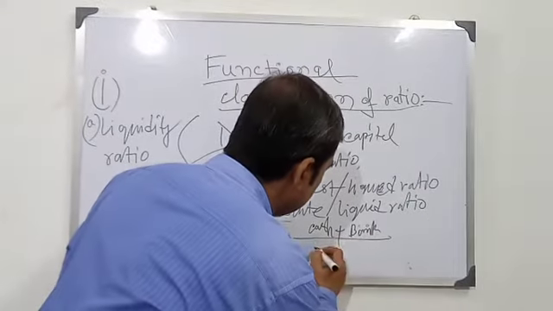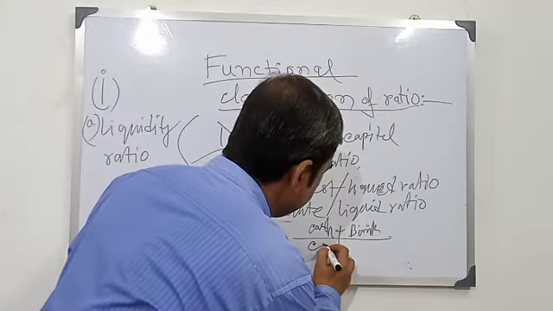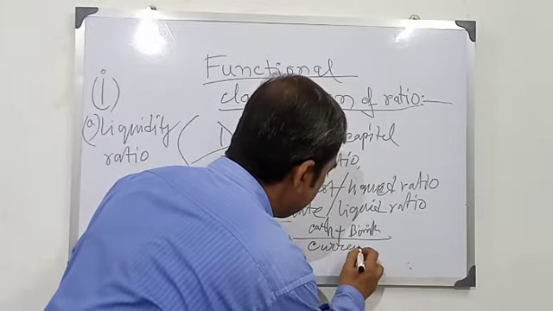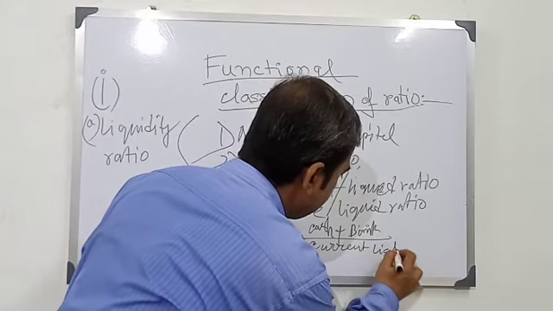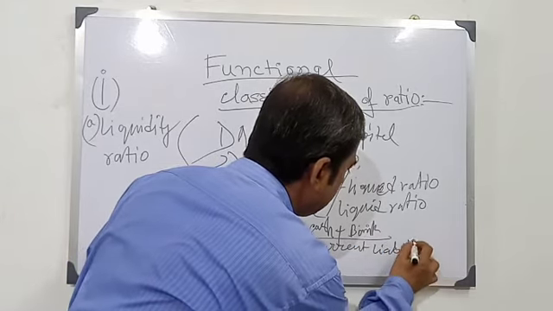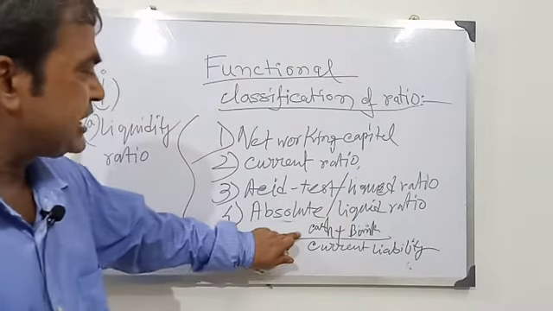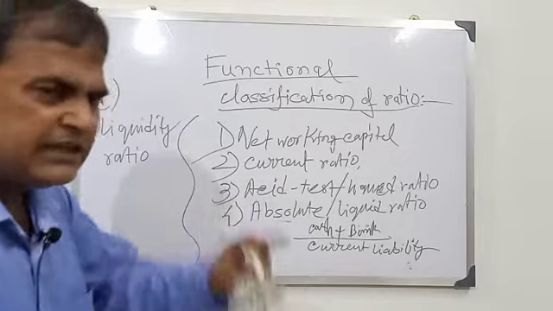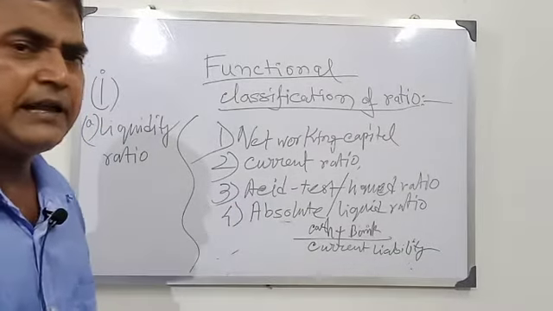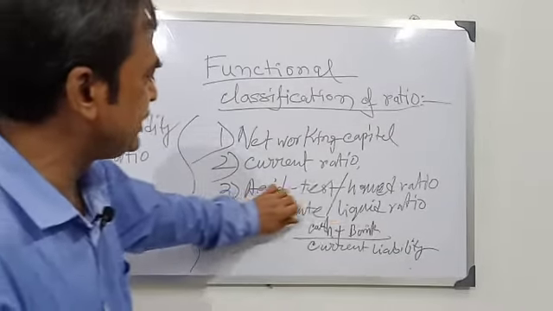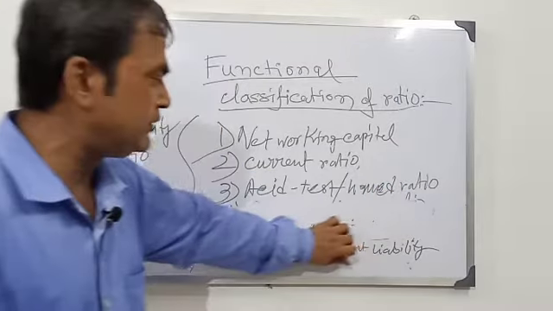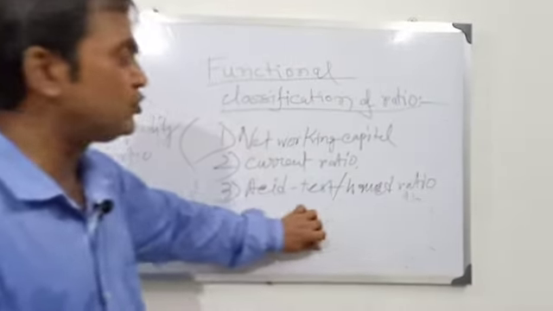Divided by current liability. If cash and bank is at least 50% of your current liability, your absolute quick ratio liquidity is good. That is, it should be 2:1.